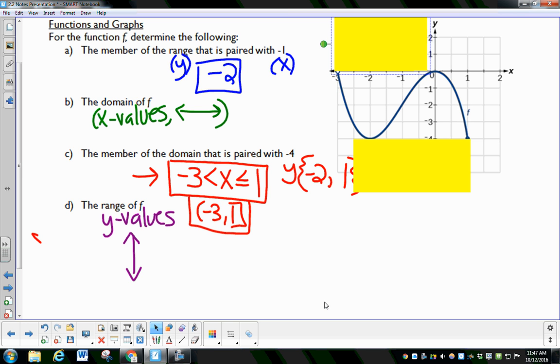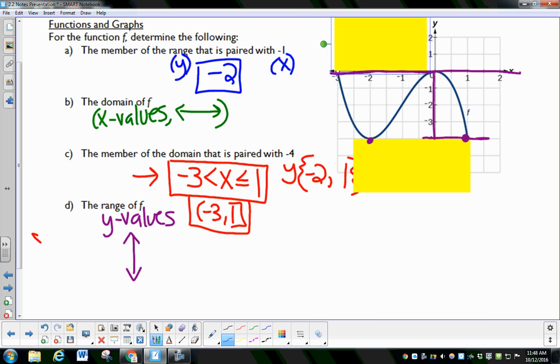So my range of this graph ranges from, at the lowest, this graph is at -4 on the y-axis, and it hits it. That's a closed circle right there. It also hits it right there. The highest it goes until I get to that other rectangle is right here, where my y value is 0.